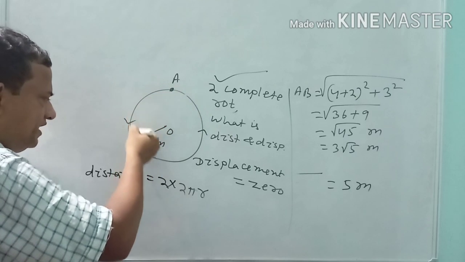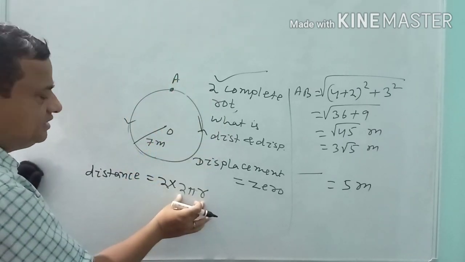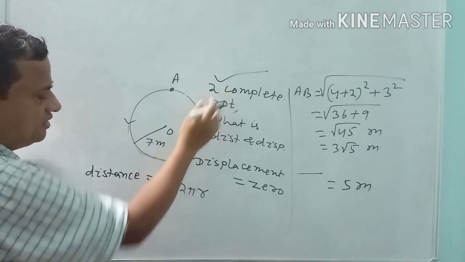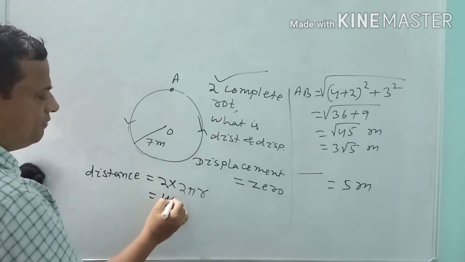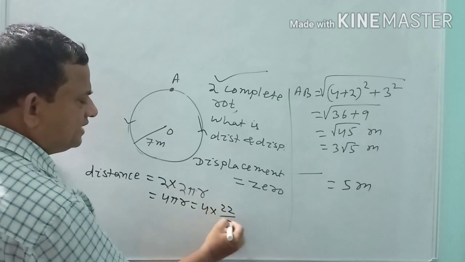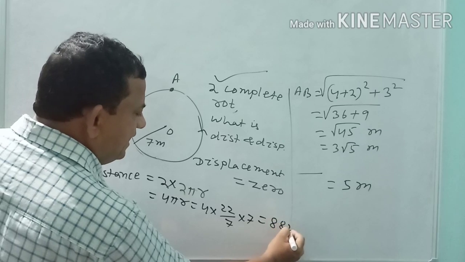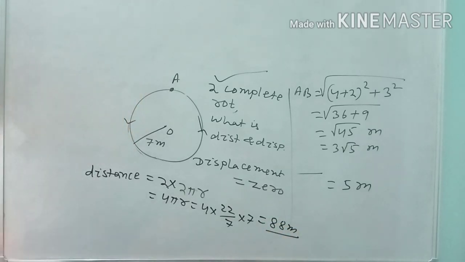So 2 complete rotations, that is 4 pi r. This is 4 into 22 by 7 into 7, that is 88 meter. So in this question, the displacement is 0, but distance is 88 meter.